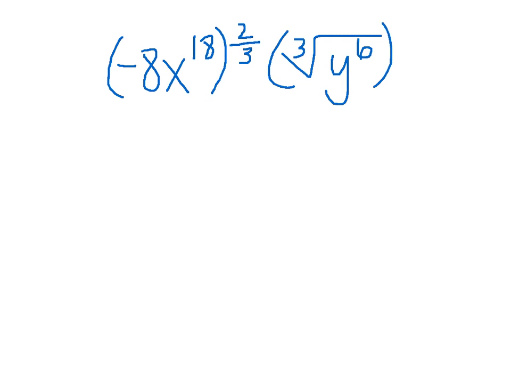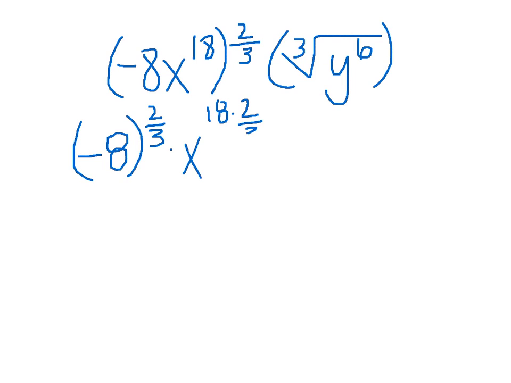Okay, I chose this one just because it looks a lot more intimidating than it really is. The very first thing I'm going to do is take this exponent and apply it to both parts of the base that I have here. So I'm going to do negative 8 to the 2/3 power times x to the 18 times 2/3 power. And for now, I'll just keep the rest of this the same.